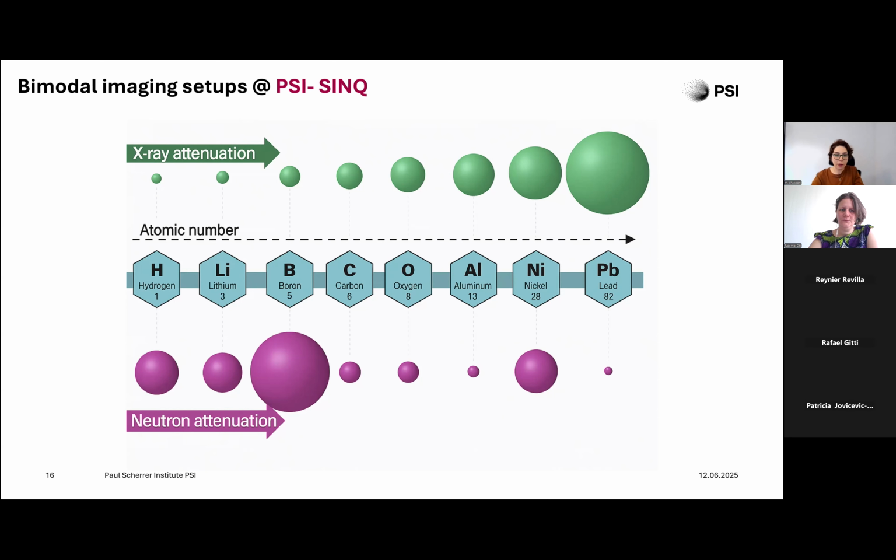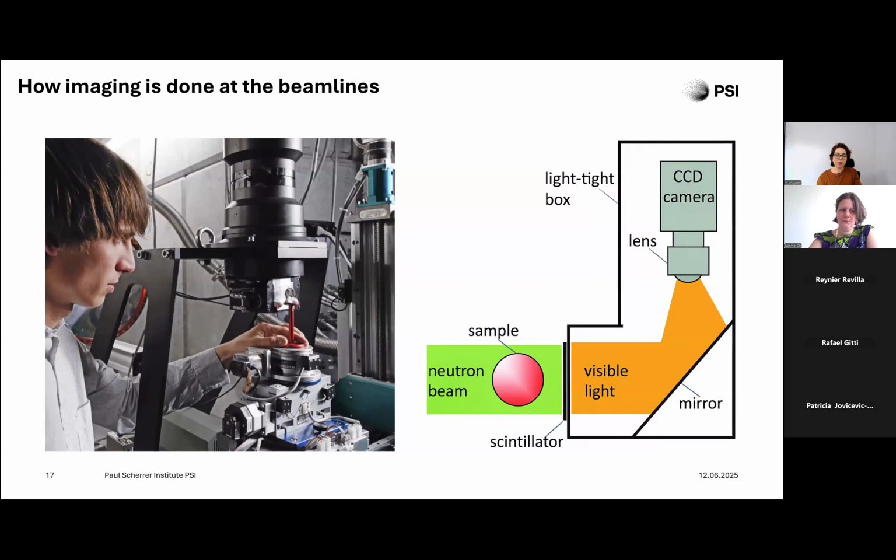But let's look now at how an imaging beamline looks in practice and how we do this imaging. Here, by the way, I'm only showing the neutron imaging setup, but of course next to it, perpendicular or in parallel, there could also be an auxiliary X-ray source.